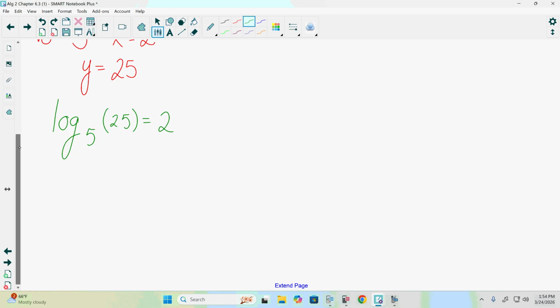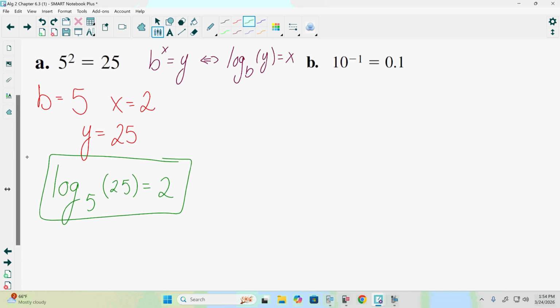So really here we're looking at 5 to what power is 25? So that's really all it's saying. 5 to what power is 25? Well, that is 2. 5 to the second power is 25. Questions on A?